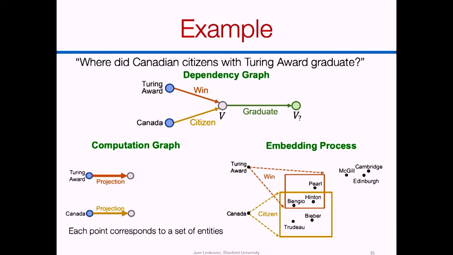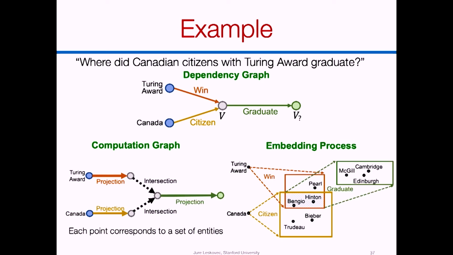Let's start with Canada, go over a citizen operator, and that gives me a box. Now I know how to take an AND, an intersection, and that gives me a new box. Then I can apply another operator called graduated from, that will cover the entities that are actually the answer to my query. And it turns out that you can actually do this, even though I give you everything as a small 2-dimensional example.